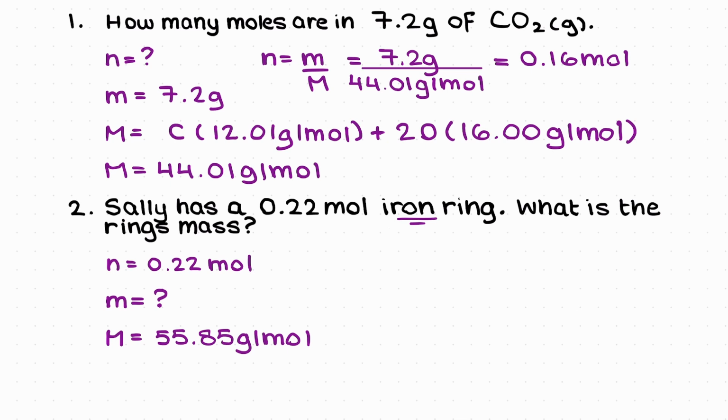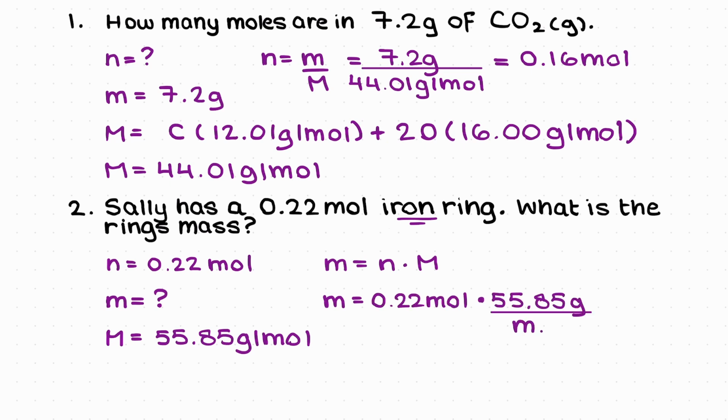Now, we know that we can't use our normal moles formula because we're not looking for moles right now. We're looking for mass. If you recall from our above manipulation, we saw that mass is equal to moles multiplied by molar mass. So let's input our numbers. Mass is equal to 0.22 moles.